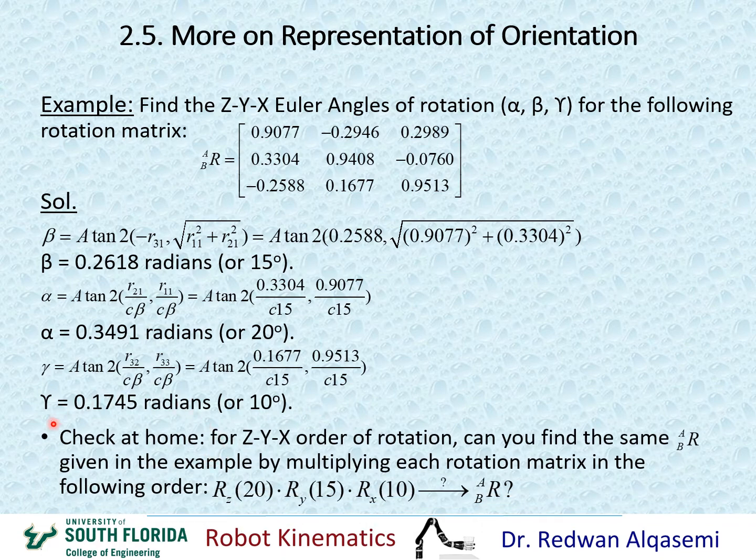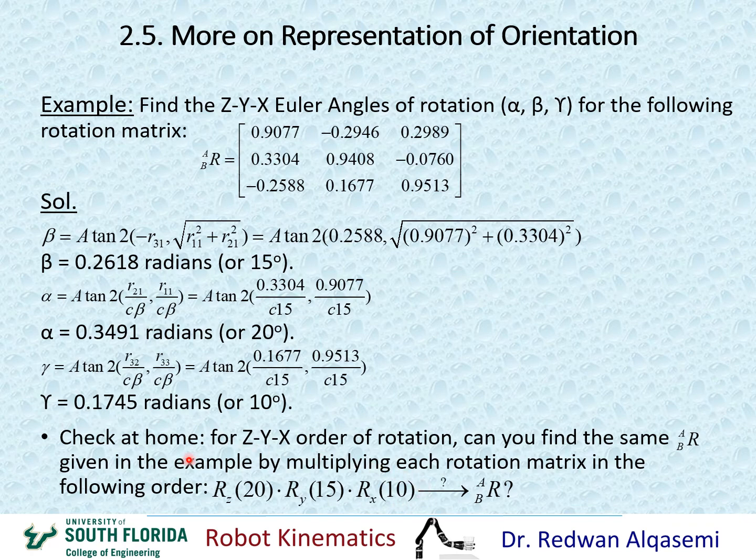Now I wanted you to check at home for the ZYX order of rotation. Can you find the same rotation of B relative to A that was given here, by multiplying each of the rotation matrices in the following order? We already found these angles, so if you put it in the same order, RZ of 20 degrees times RY of 15 degrees times RX of 10 degrees.